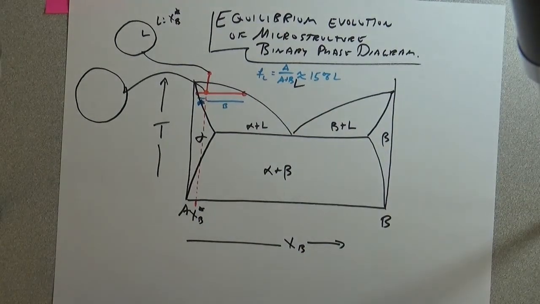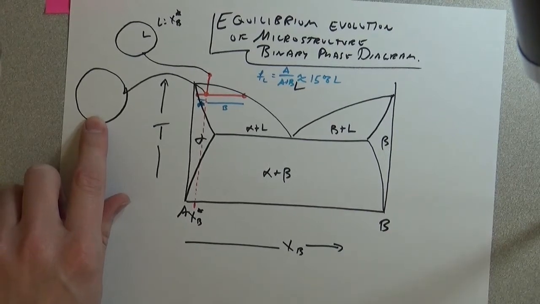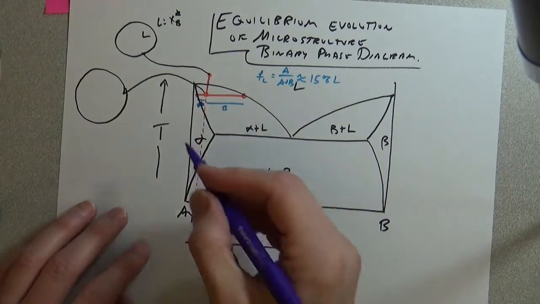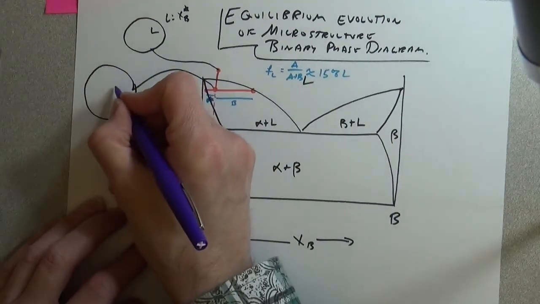So drawing our microstructure here, we're going to draw around 85% solid and about 15% liquid.